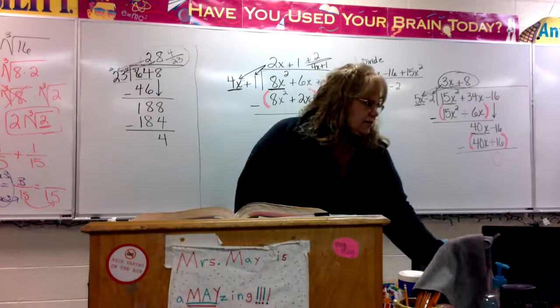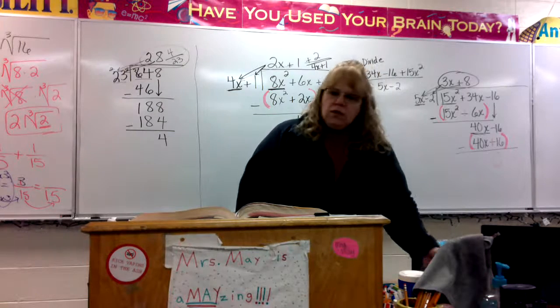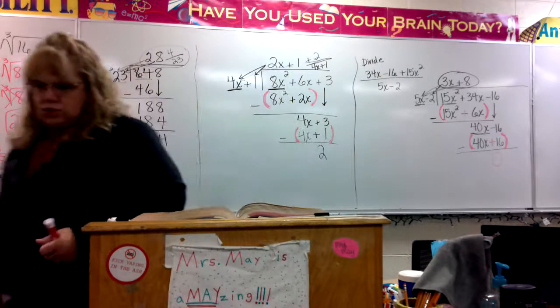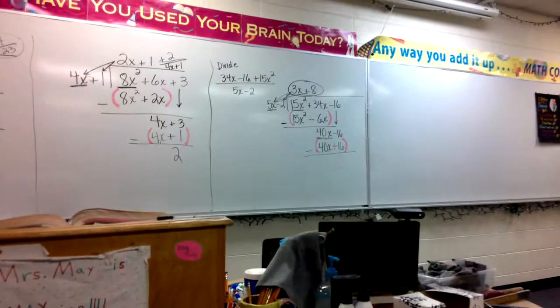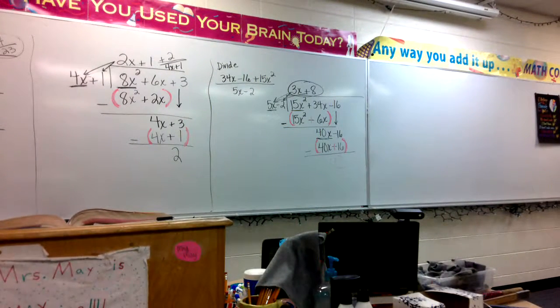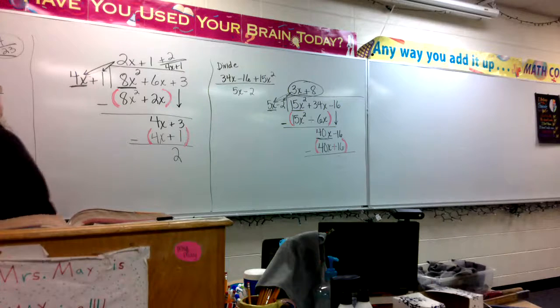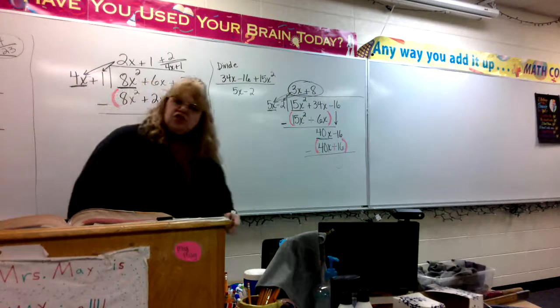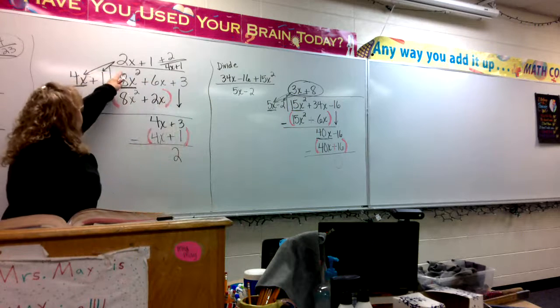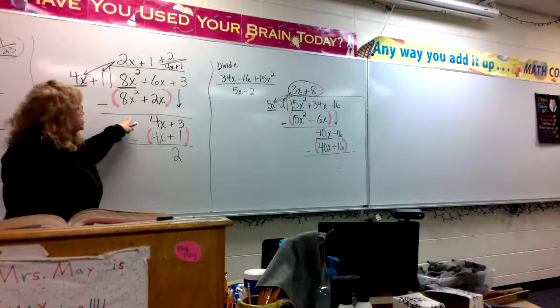I just have one little thing to point out. Two little things to point out. If you do this correctly, this first term should always drop out. Do you see the 8x squared drops out?